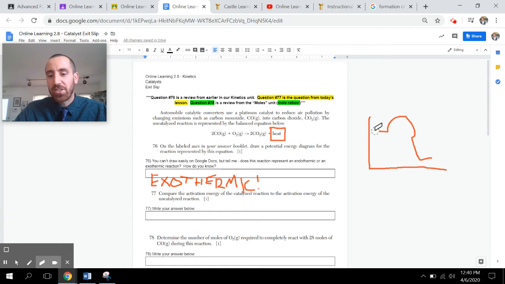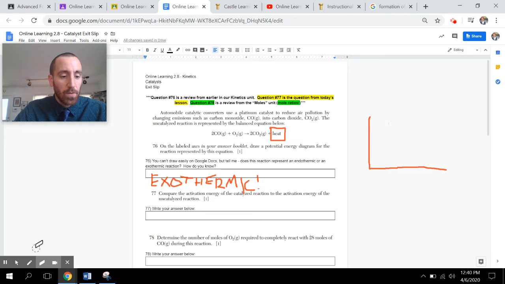So exothermic reactions, the potential energy of the reactants is higher than the potential energy of the products. So if you actually were to solve this, there we go, that's better. So that's what an exothermic reaction graph would look like, with time being your x-axis, or it's called the reaction coordinate, and then you have potential energy here. Okay, so that's the answer.